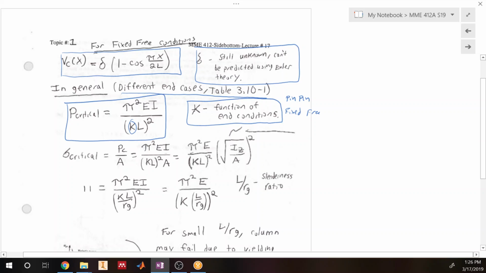And then for the critical stress, we can write that as being equal to the critical force over the area, all right? So if we plug in the critical force here, we can rearrange this in terms of some, I guess, more useful values in terms of normalizing different types of columns. So one of the terms that people have developed to normalize everything is called the radius of gyration.